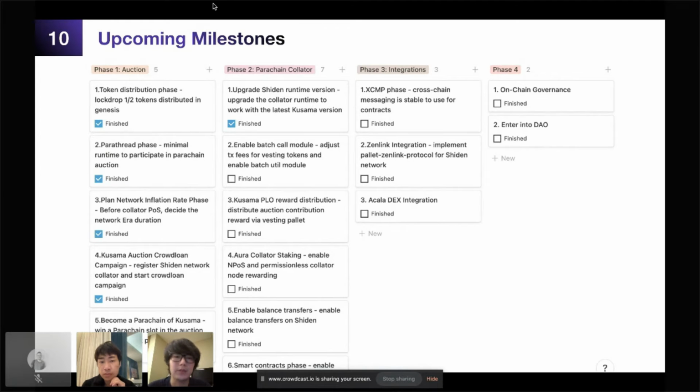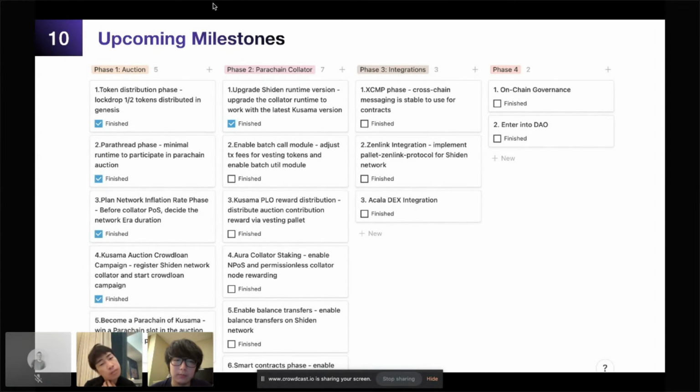And phase 3 is all about integrations, XCMP, and other parachain or cross-chain operations. Our first step for phase 3 is going to be enabling XCMP. Of course, this is not a task that our team can handle alone.